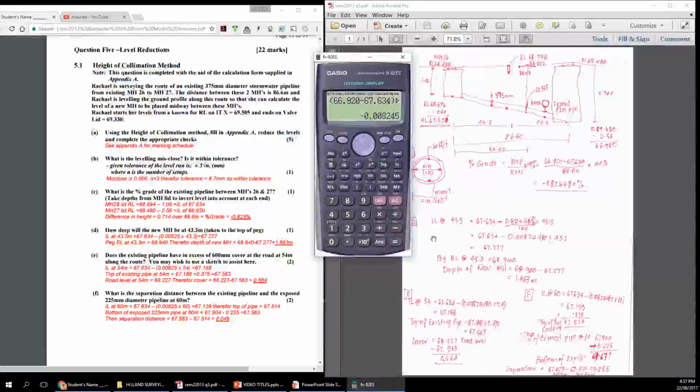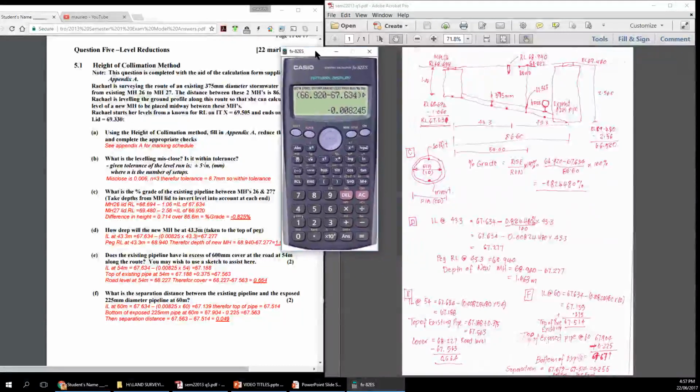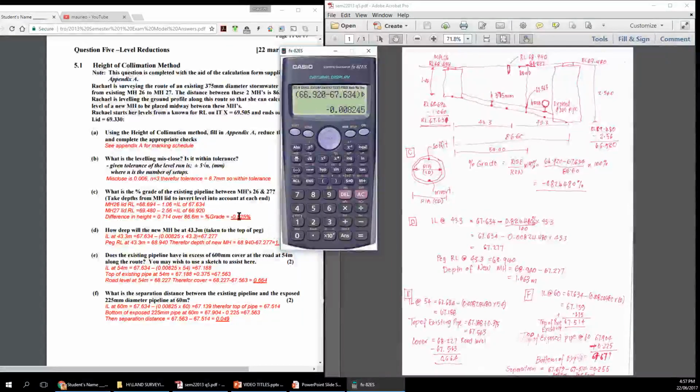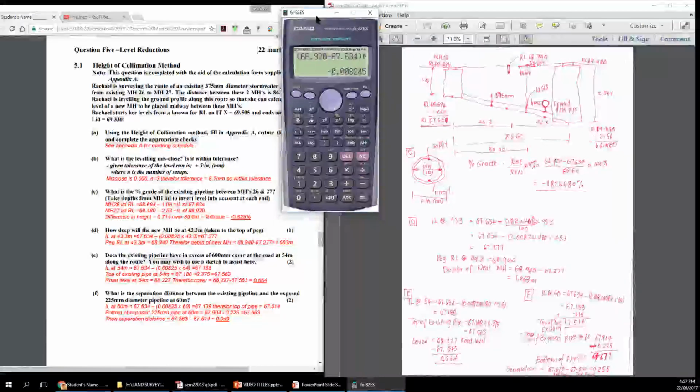I've got 2448, so I've gone to 7 decimal places. I like to keep as many decimal places as I can. Percentage. So that's the answer to C, the grade, which you can see there. They've got it slightly wrong there, but the intention is good in the model answer.